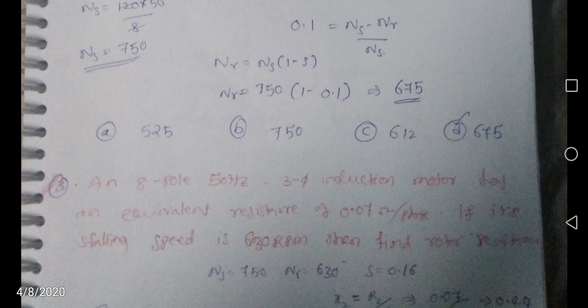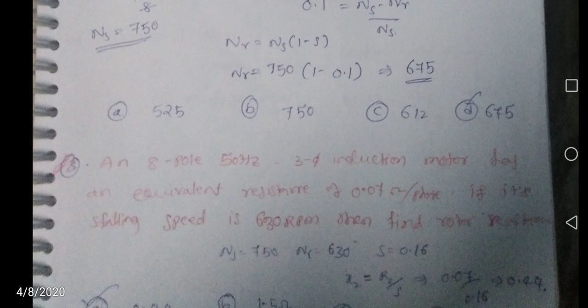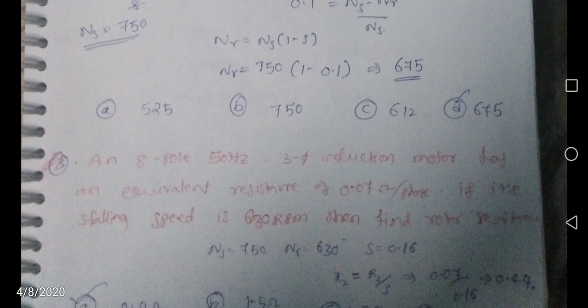An 8-pole, 50 Hz, 3-phase induction machine has an equivalent resistance of 0.01 and 0.07 ohms per phase. If the stalling speed is 630 rpm, then find the rotor reactance.